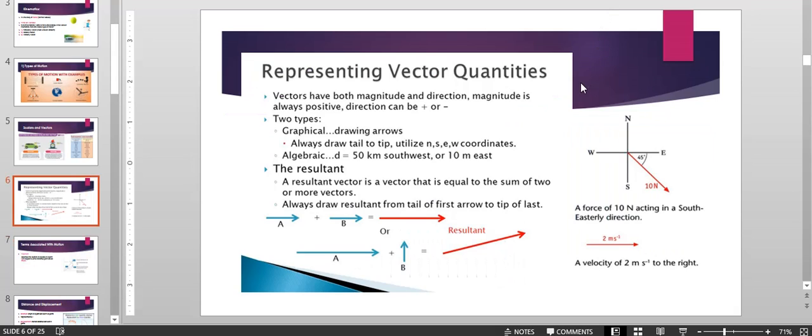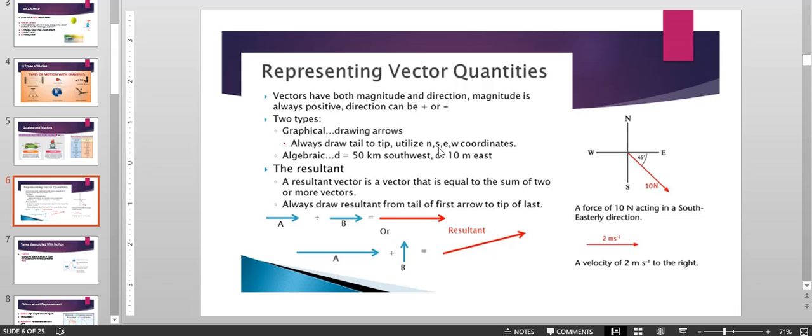So now the question comes how we can represent the vector quantities. Vectors have both magnitude and direction. Magnitude is always positive. Direction can be positive or negative. There are two ways to represent vector quantities. The first is graphical, that is drawing arrows. Always draw tail to tip.